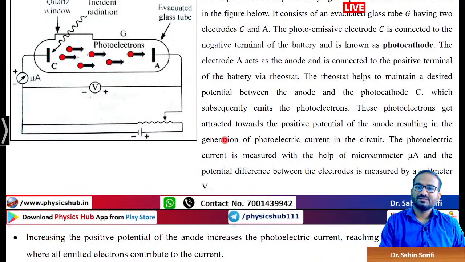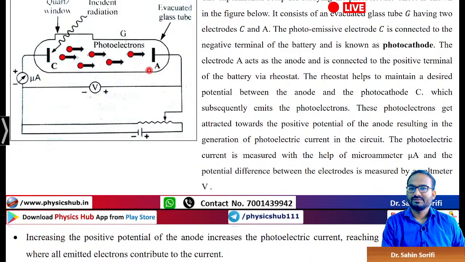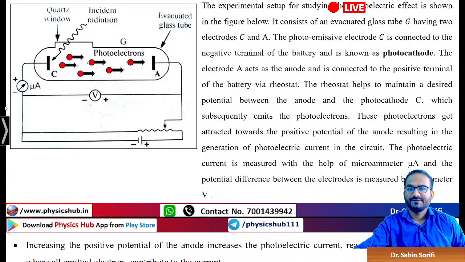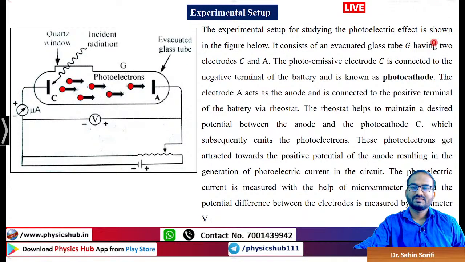So these photoelectrons get attracted towards the positive potential of the anode, resulting in the generation of the photoelectric current in the circuit. Now, to measure the voltage, we have added a voltmeter, and to measure the current, a microammeter is connected. So this is precisely the experimental setup.